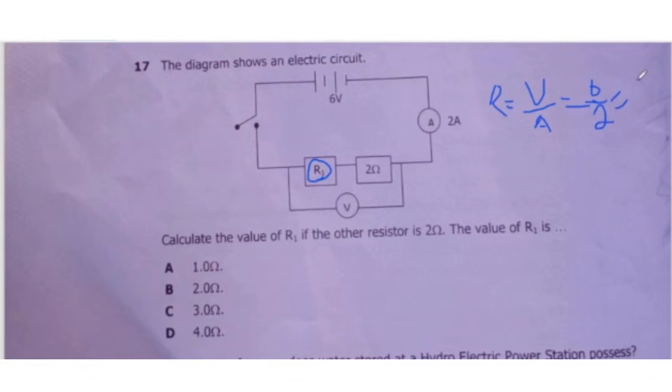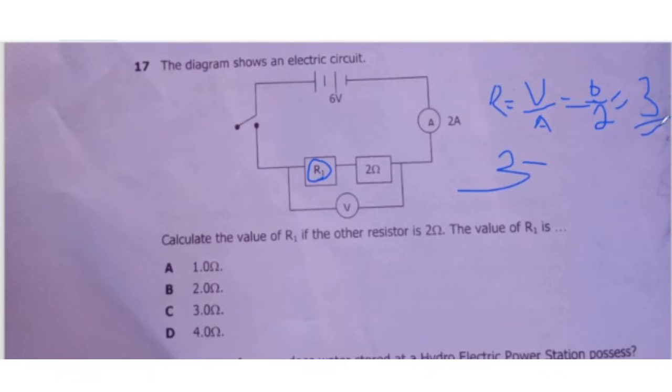That is the total resistance, since the resistors are put in series. If the resistors are put in series, then this is the total, so when we add this and this, it should give us 3. So what we can do is say 3 minus the given one, which is 2. This is the total resistance we found here.